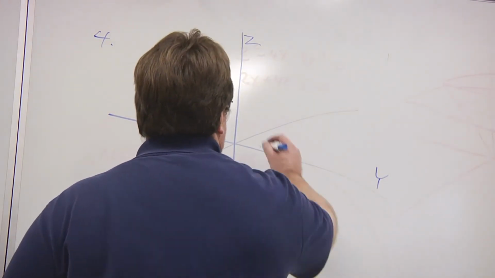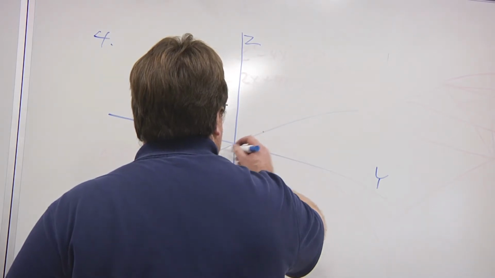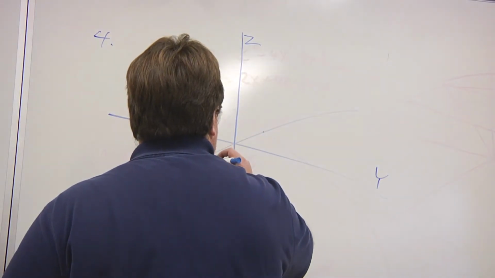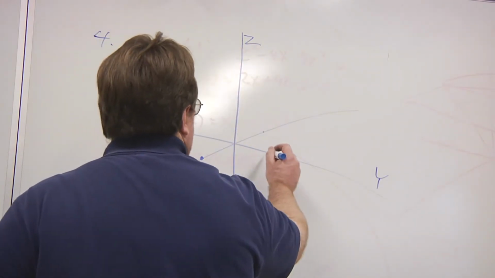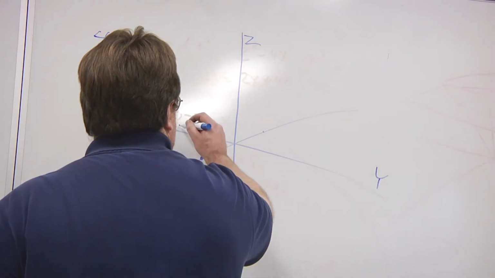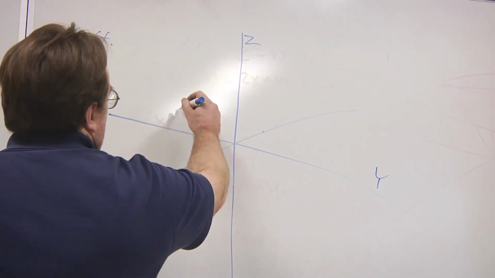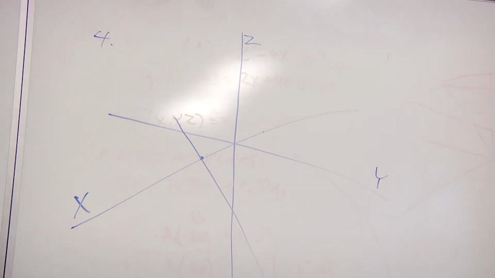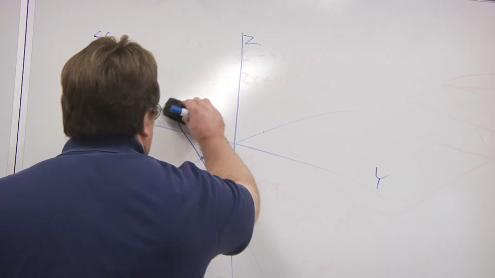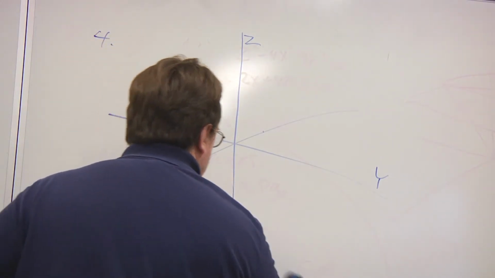So in this case, we're going to have... orientation's off a little bit, but okay. That's going to be something like that. Okay, actually, I'm going to plot a couple more points just so the line is looking more like it should.